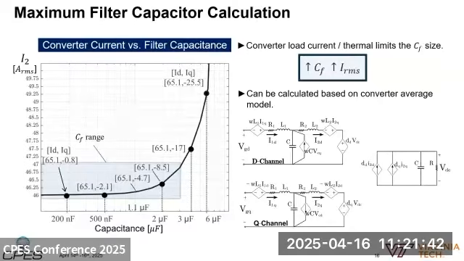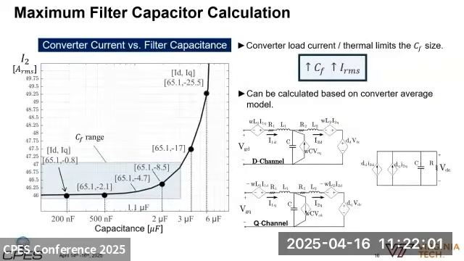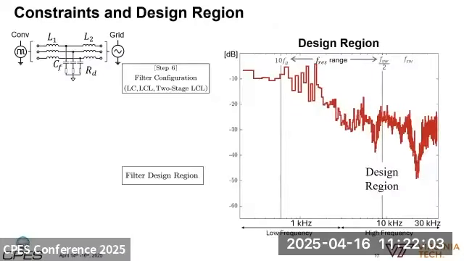Of course, if you change the inductance a little bit, that curve will shift, but as soon as you increase the filter capacitance again, you're going to require more current from the converter just to compensate for the power factor. And that can be calculated by the average model of the converter. There are a lot of papers that define that as a rule of thumb, so you select 5% or in PU, but you could just calculate that by the model of the converter.